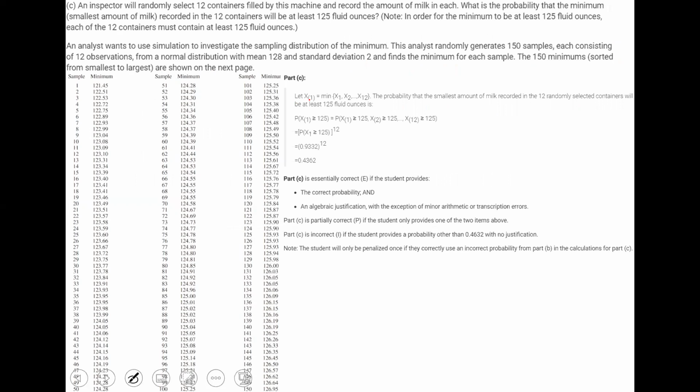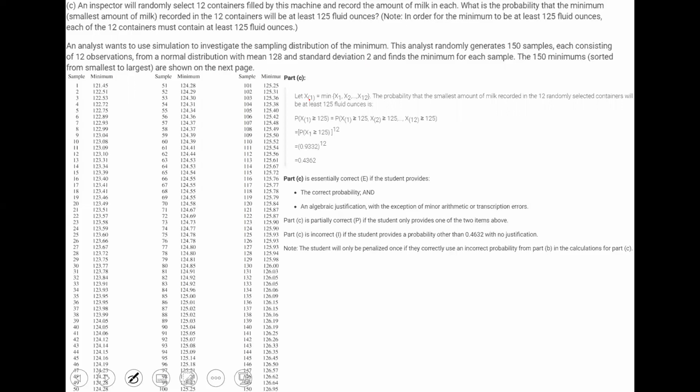The analyst randomly generates 150 samples, each consisting of 12 observations from a normal distribution with mean of 128 and standard deviation of 2, and finds a minimum for each sample. The 150 minimums sorted from smallest to largest are shown right here. What is the question? The question is, what is the probability that the minimum recorded in the 12 containers will be at least 125 ounces?